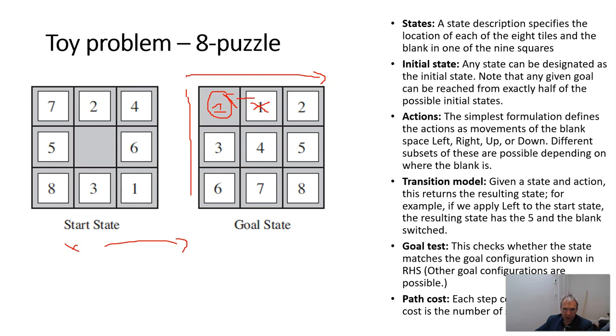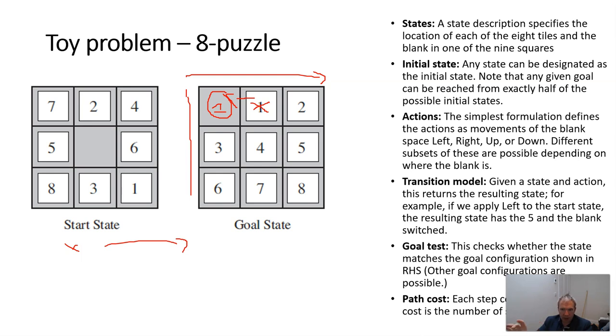Goal test: this checks whether the state matches the goal configuration shown on the right hand side, and again we can specify whatever configuration we so wish. And again, each step costs 1. So there are a number of abstractions included here. The actions are abstracted to their beginning and final stages, ignoring intermediate locations where the block is sliding.